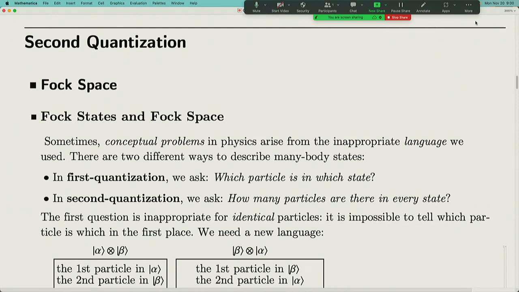Today we are going to continue the discussion of second quantization, which is about how we represent identical particles in quantum many-body physics.